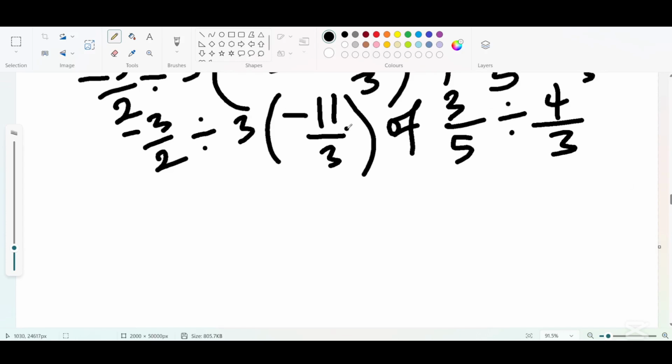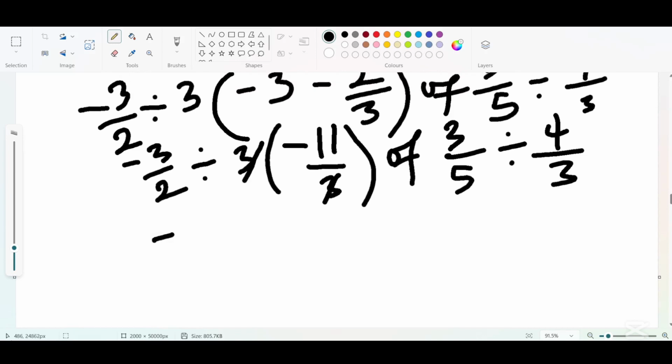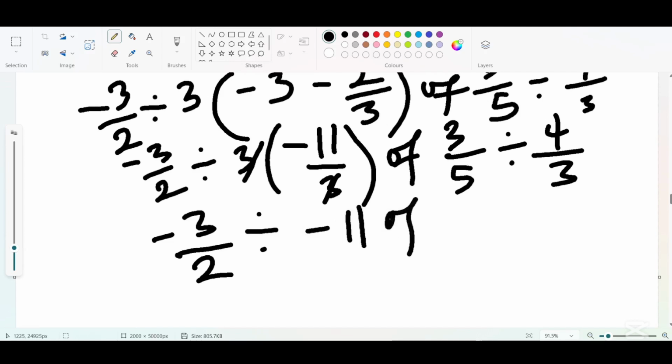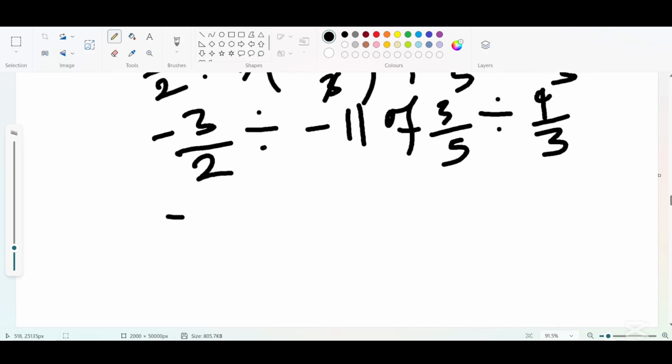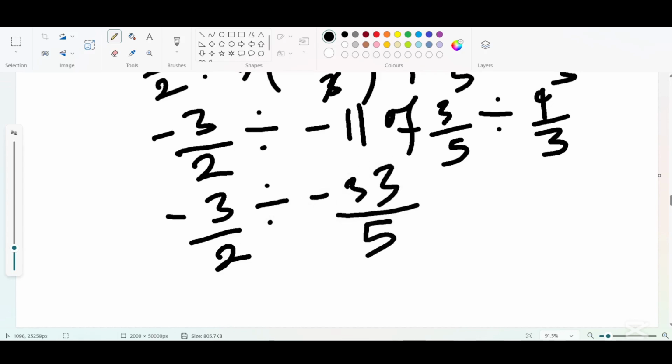3 will multiply whatever is inside, and if cutting is possible, we can cut. So we use 3 to cut 3. So at this point, we have 3 all over 2 divided by minus 11 is left there, of 3 over 5 divided by 4 all over 3. So now the next thing we want to do is minus 3 all over 2 divided by minus 33, that is, resolve the of, all over 5 divided by 4 all over 3.